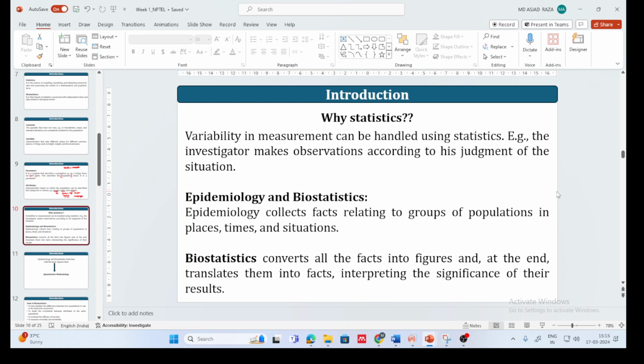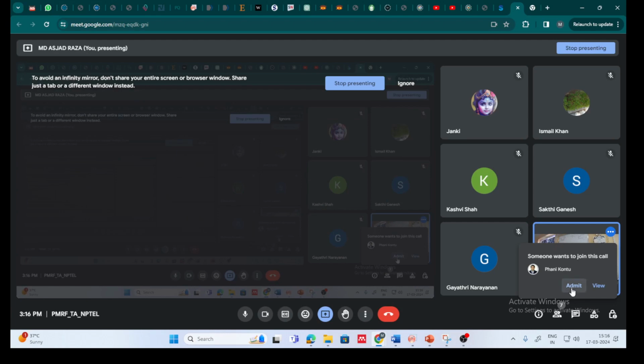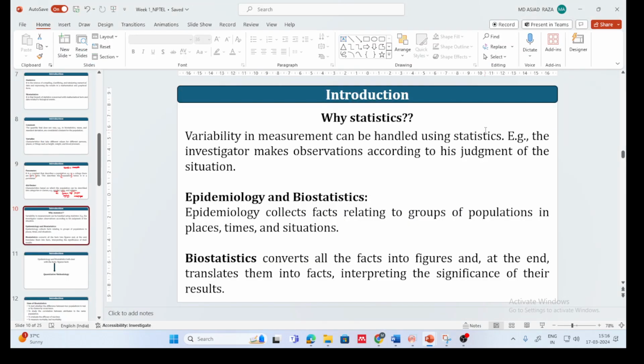So to investigate from that population, we take some sample, and then we investigate and analyze. Based upon the analysis, we do the conclusion and interpretation. Based upon that, the future roadmap is going to be defined.